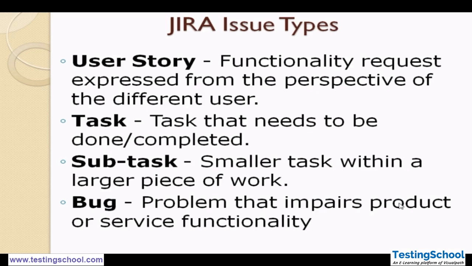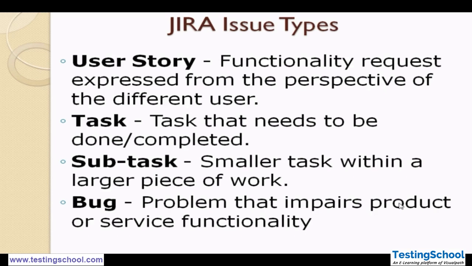So from the task we create subtask, and the task is created from the user story. So user story linked with the task and task linked with subtask. So it is a hierarchy.